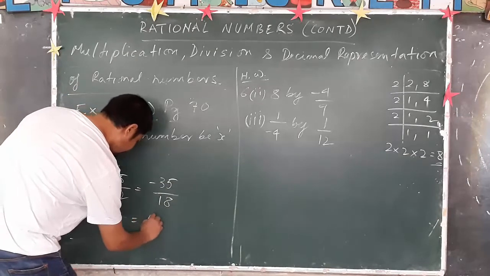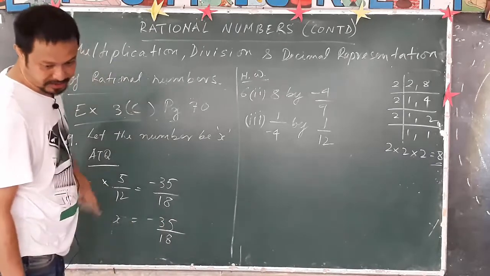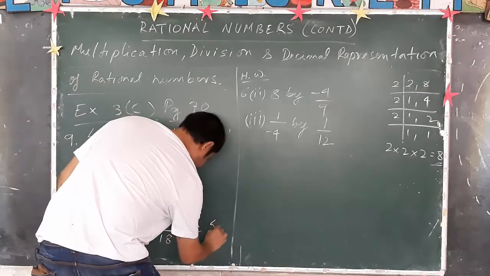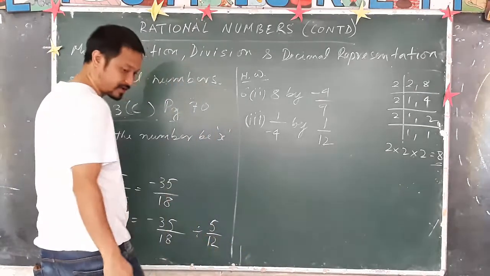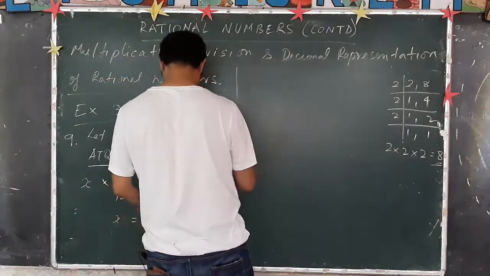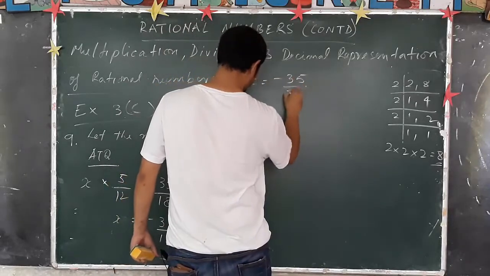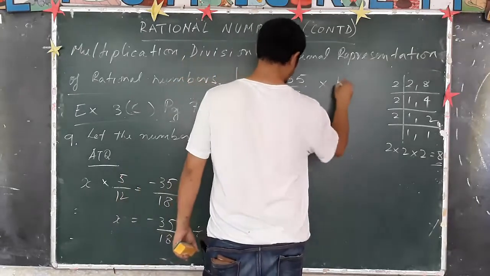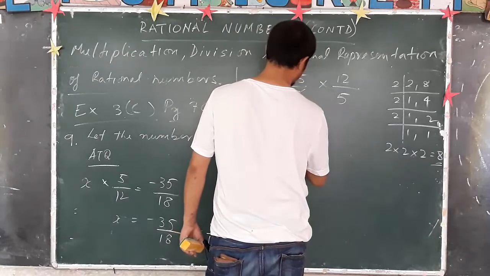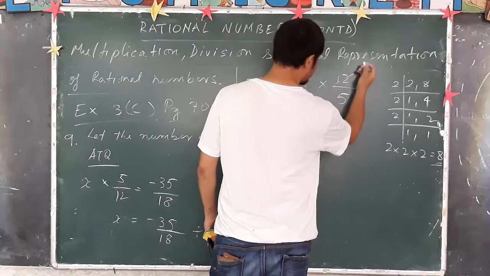So this will be x is equal to minus 35 by 18 divided by 5 by 12. This is multiplying, so when it goes this side, it will divide. Sign change. Simple concepts of maths, right? After that, you need to change the sign back to multiplication because we cannot divide this. Minus 35 by 18 into 12 by 5. Okay, so 2 4 3s are 12, 2 9s are 18, 2 6s are 12.